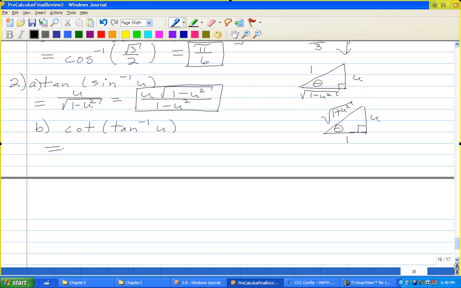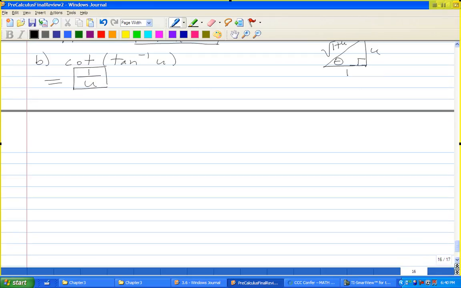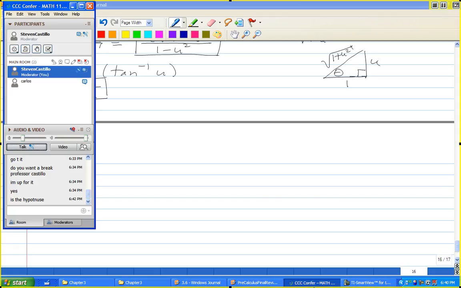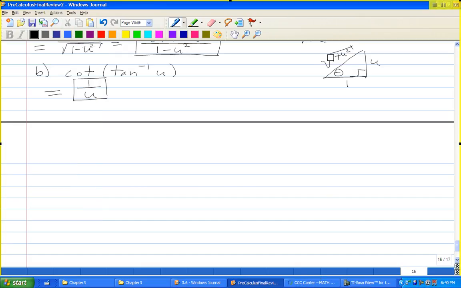So cotangent is, well, adjacent over opposite. So 1 over u. Is the hypotenuse 1 plus u squared? Oh, yes, it's 1 plus u squared.